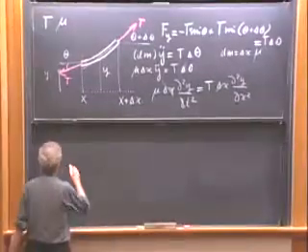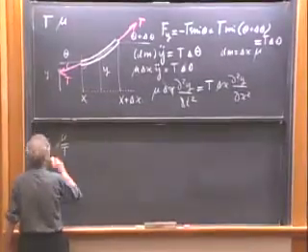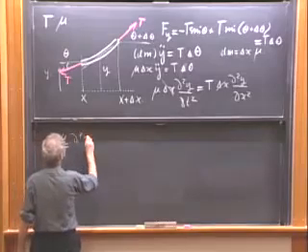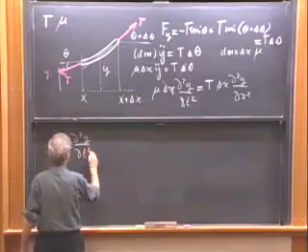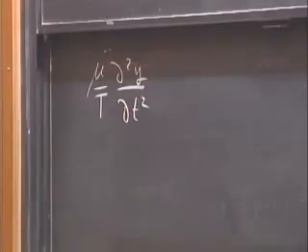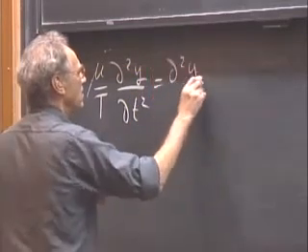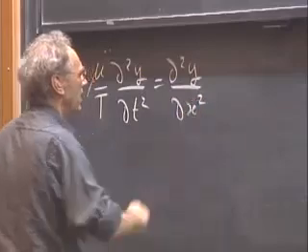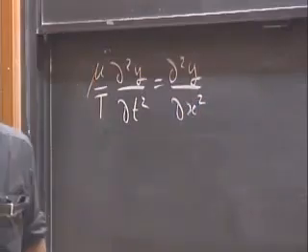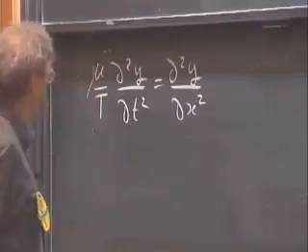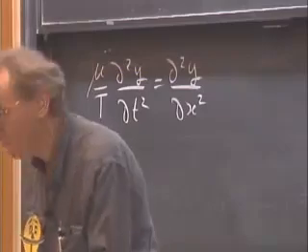So now what you have is that mu divided by t times d2y dt squared, constant value of x, is now d2y dx squared.